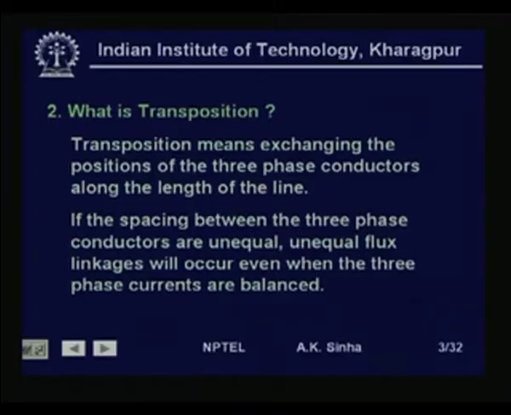We exchange the position of the 3 conductors along the length of the line, so that each phase conductor is in all the 3 positions for equal length of the line, which means that the average flux linkage for all the 3 phase conductors is the same. So, if the spacing between the 3 conductors is unequal, unequal flux linkages will occur even when the 3 phase currents are balanced.